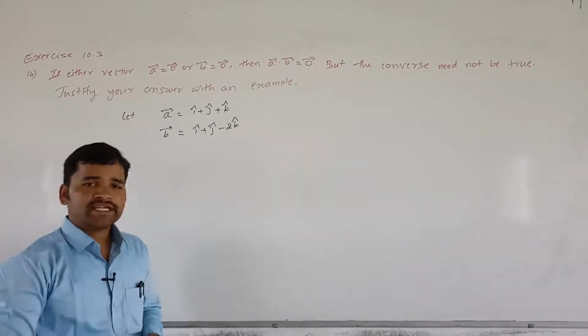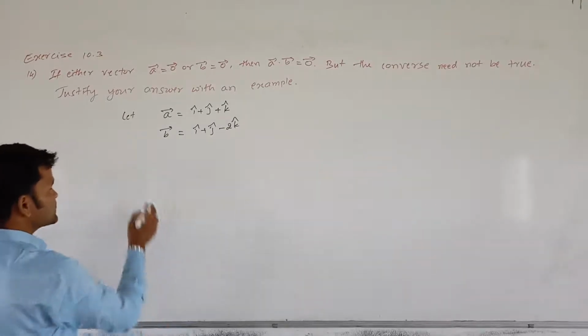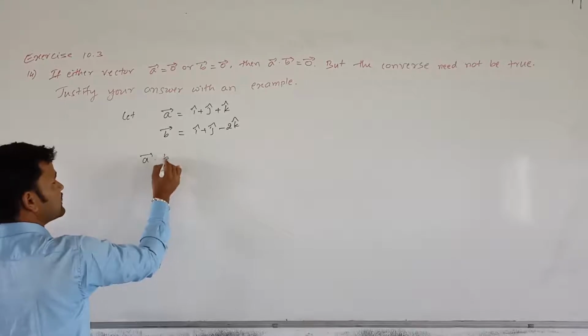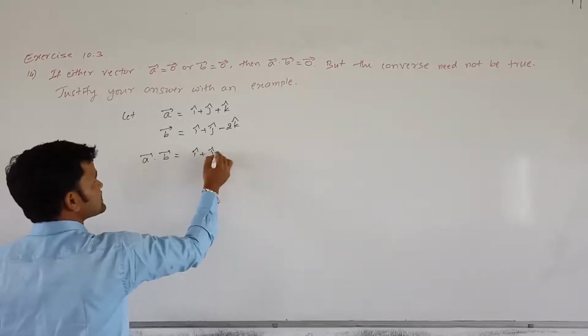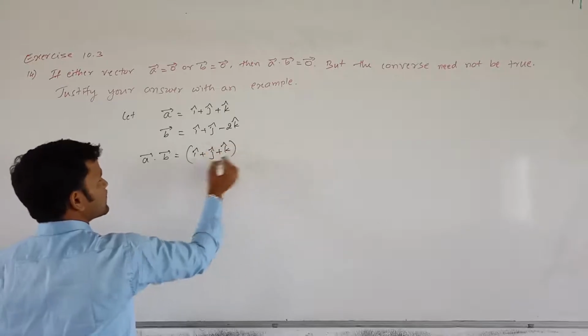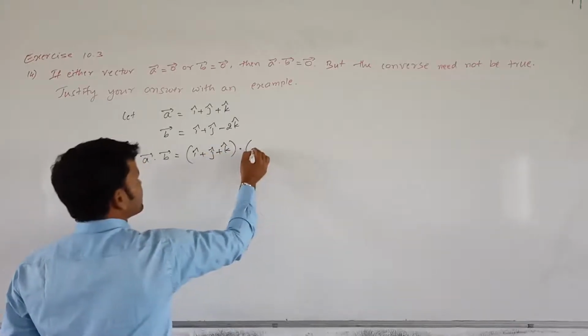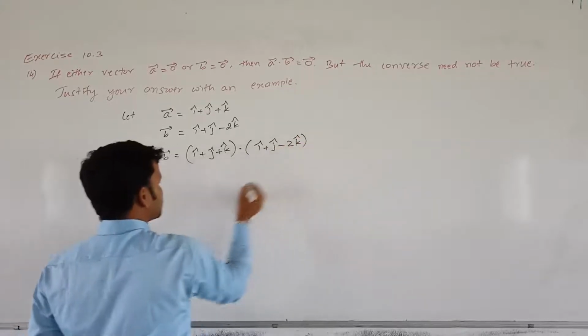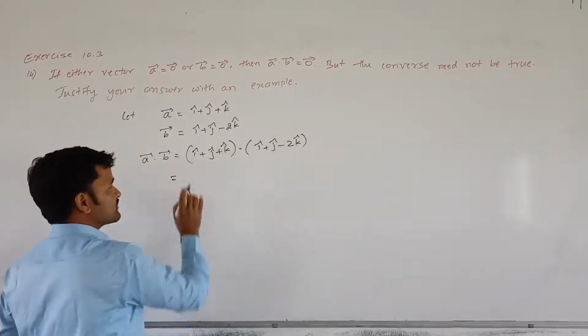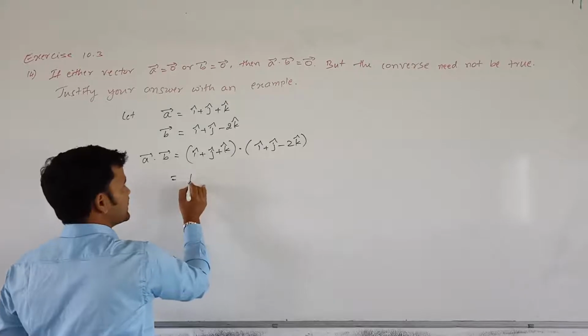Let us check its A dot B. A dot B is equal to i plus j plus k, which is in dot product with i plus j minus 2k. What happens to the dot product of these two? 1 into 1.